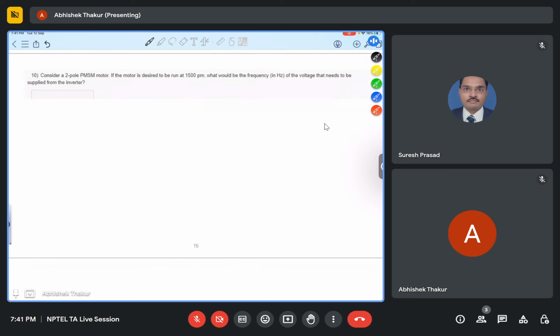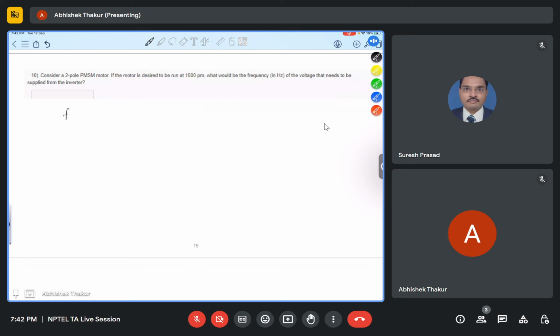So we'll solve the last question for today. Consider a two-pole PMSM motor. If the motor is desired to be run at 1500 rotations per minute, what would be the frequency in hertz of the voltage that needs to be supplied from the inverter?